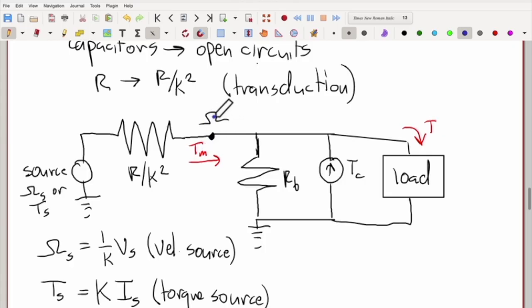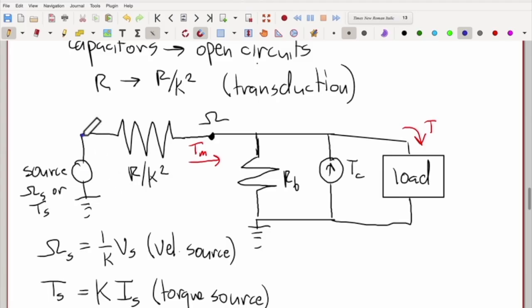We want to calculate what this is. So the way we're going to analyze that is we're going to use the loop law, also known as Kirchhoff's voltage law, which is that the sum of the voltages around a loop is always equal to 0. So we have a voltage rise, or a velocity rise, up to omega s, which is what this is, and then we have a drop across this resistance, and another drop from here down to ground.